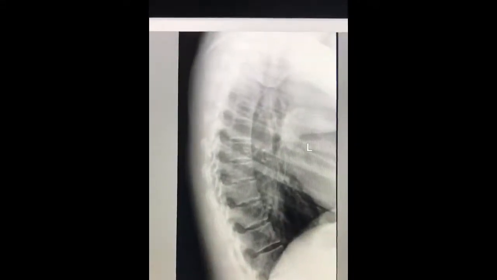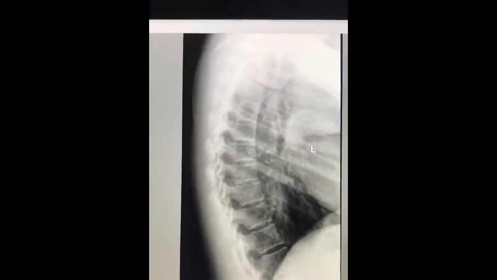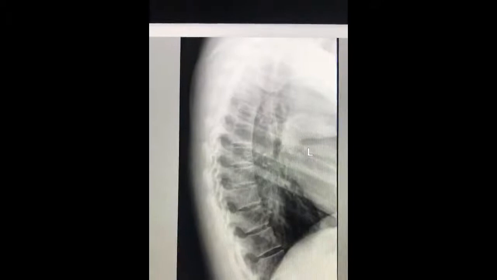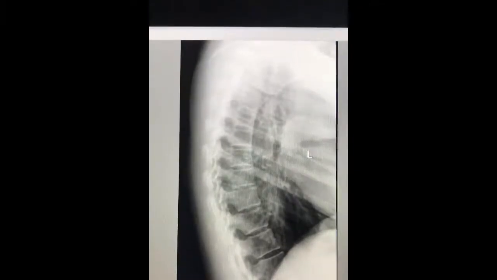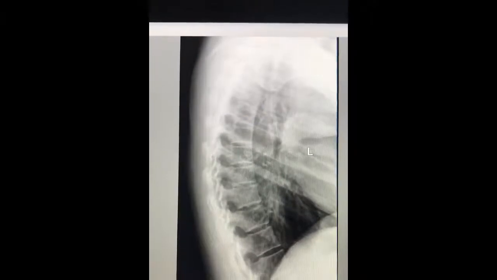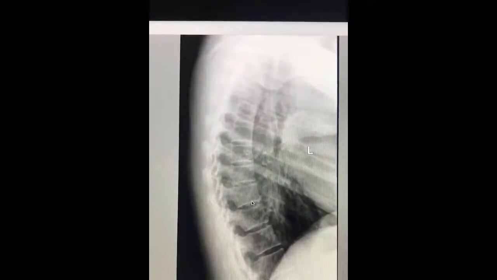Okay, in terms of your bone structures, again you need to check the bone margins, your trabecular markings, and check for any abnormal densities within the bone. You should be assessing your vertebral height, so the height of your vertebral bodies.